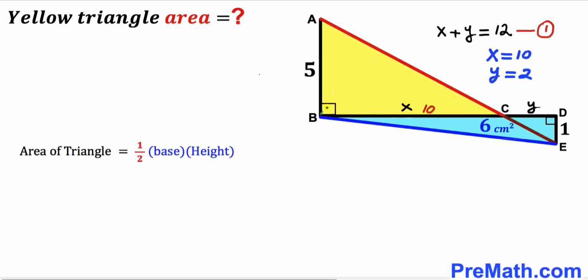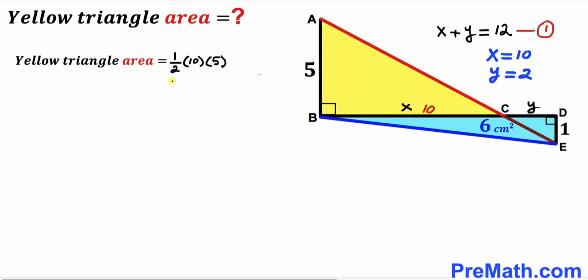In our case, the base of this yellow shaded triangle is 10 centimeters, whereas the height is 5 centimeters. So the area is going to be a half times 10 times 5. Let's simplify and multiply. We are going to get 25 centimeters squared.